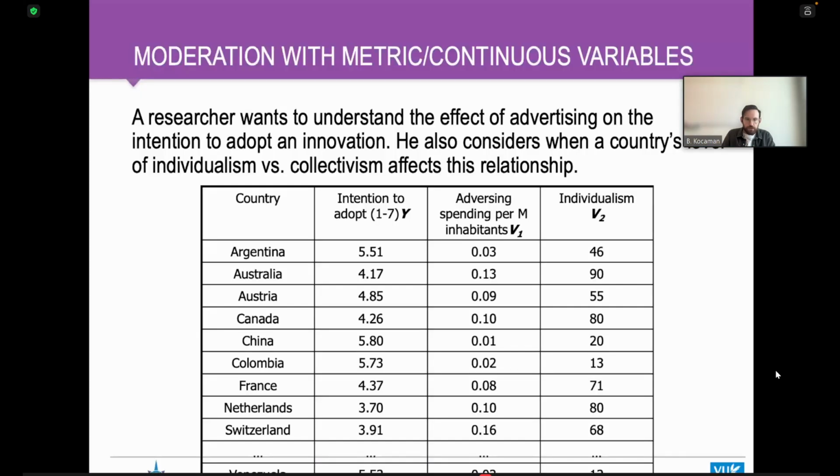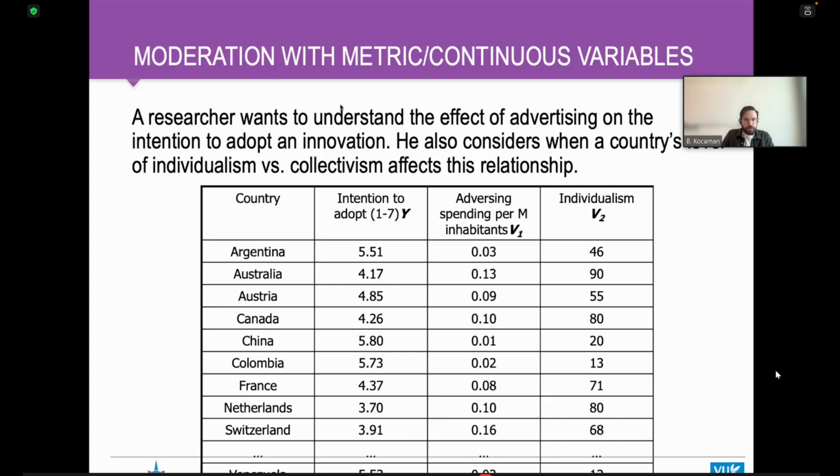Okay, so let's now look at the moderation example when our IV and also the moderator are both continuous or metric variables. In this case, the example is that a researcher wants to understand the effect of advertising on the intention to adopt an innovation. He considers when a country's level of individualism versus collectivism affects this relationship.